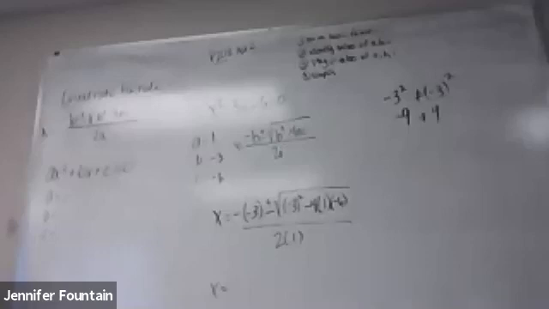Good, so what's left in your numerator? Now, you could either leave this like it is, or you can have 3 plus or minus the square root of 11 all over 2. As long as the denominators are the same, I can combine it as one, or I can leave them separated, whatever you prefer.